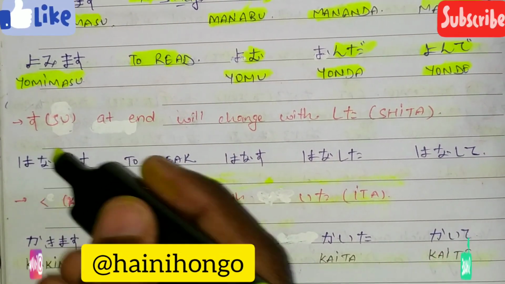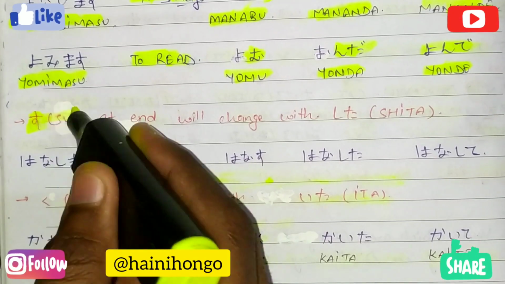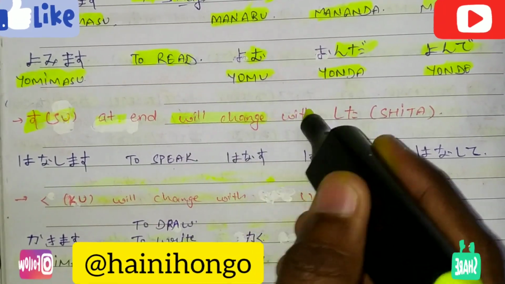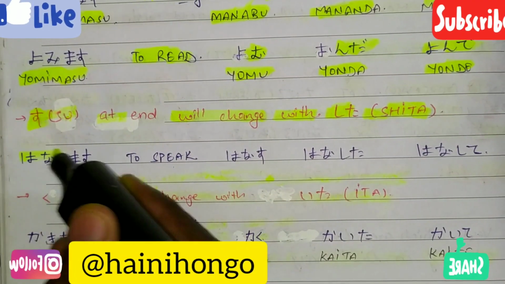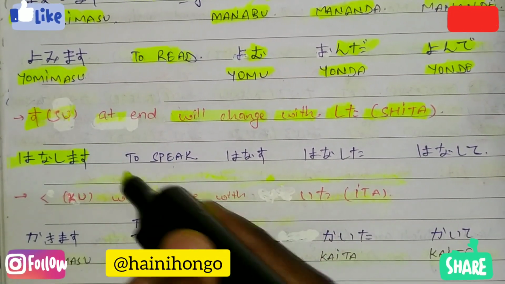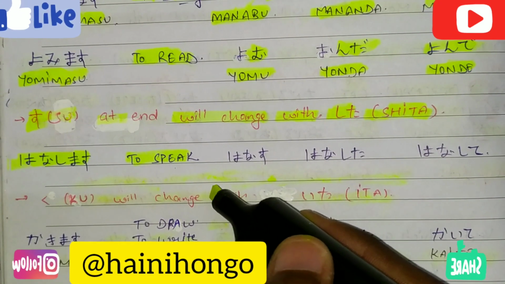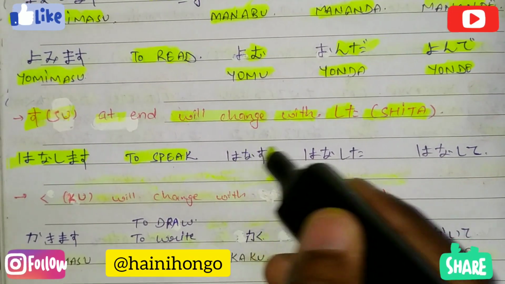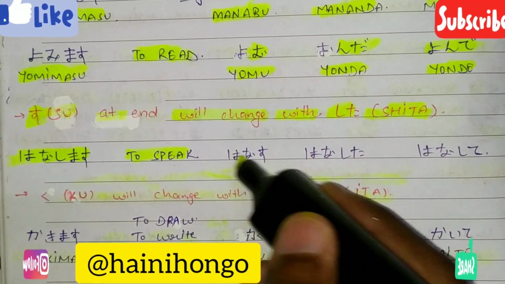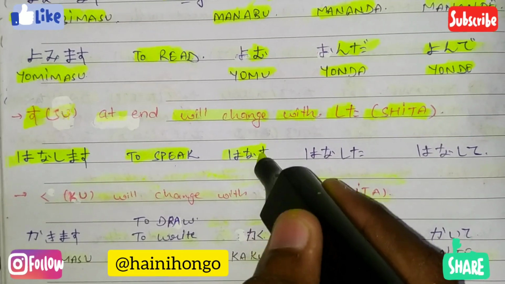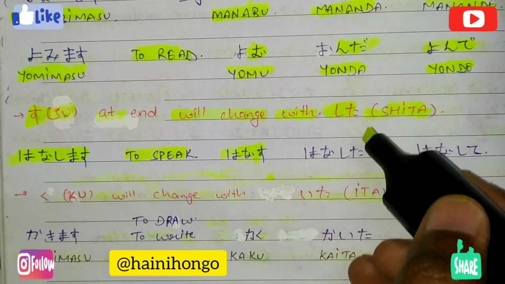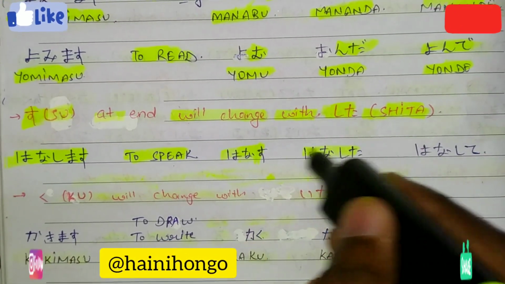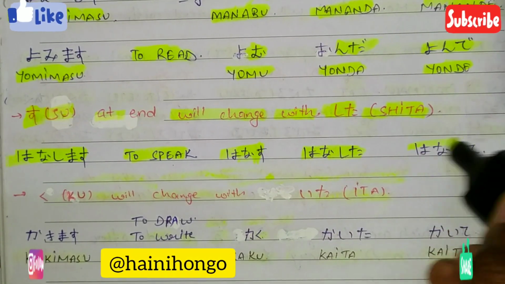Verbs whose dictionary form has su at the end will change with shita, like hanashimasu. Hanashimasu means to speak. The dictionary form of hanashimasu would be hanasu and this su will be changed with shita. So the ta form of hanashimasu would be hanashita and the te form would be hanashite.